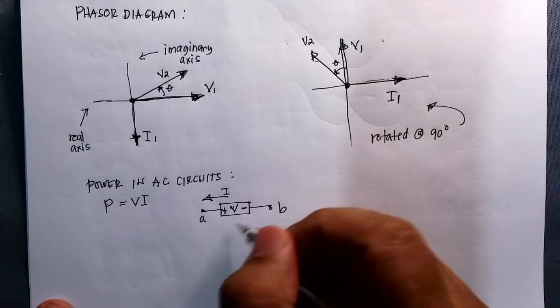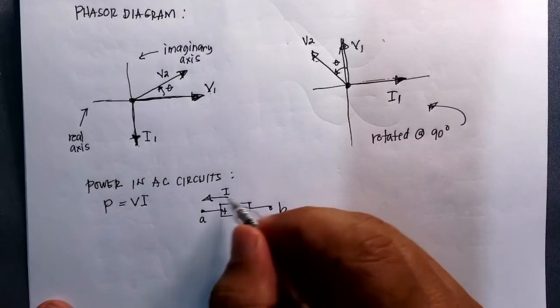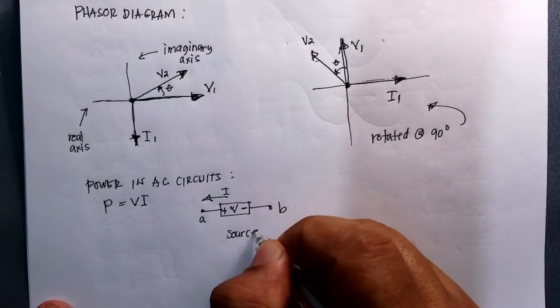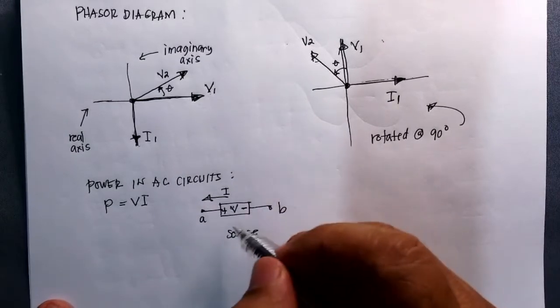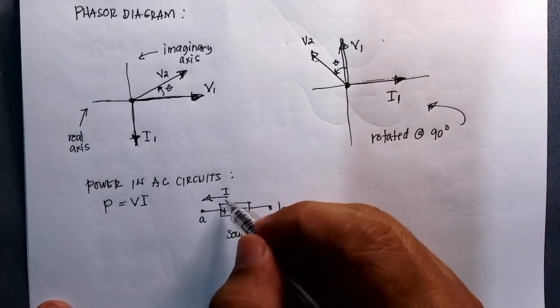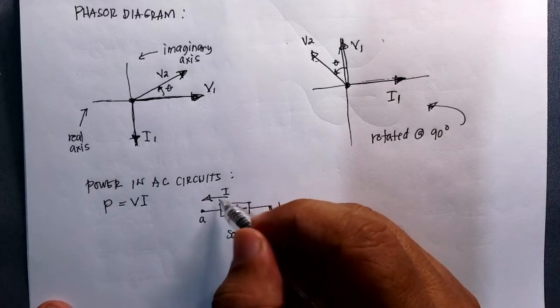So we know that this element is a source, because the source gives off current, and current comes out of the positive polarity.